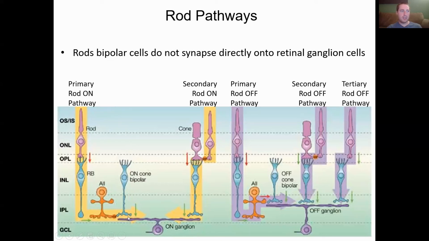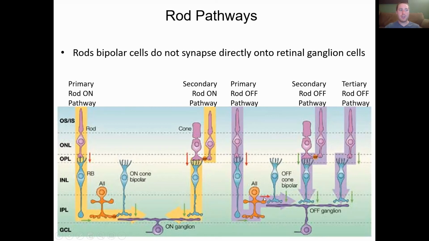But what if you want to provide input to an off ganglion cell? So then there's the primary rod-off pathway. It starts with the same components. A rod photoreceptor synapses onto a rod bipolar cell. The rod bipolar cell synapses to an A2 amacrine cell. But now things are different.